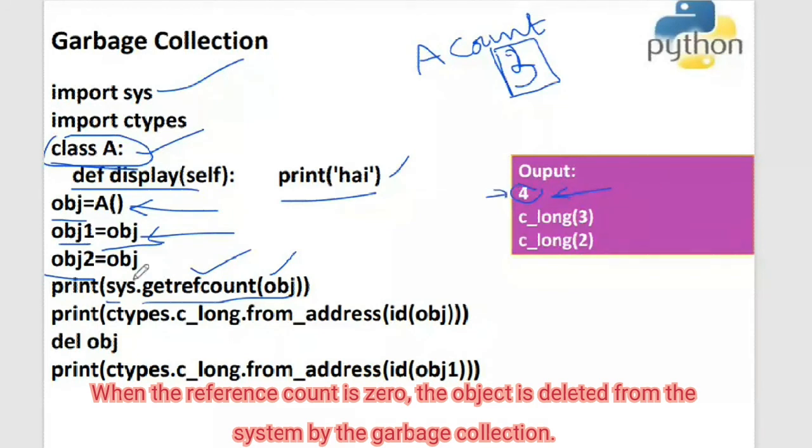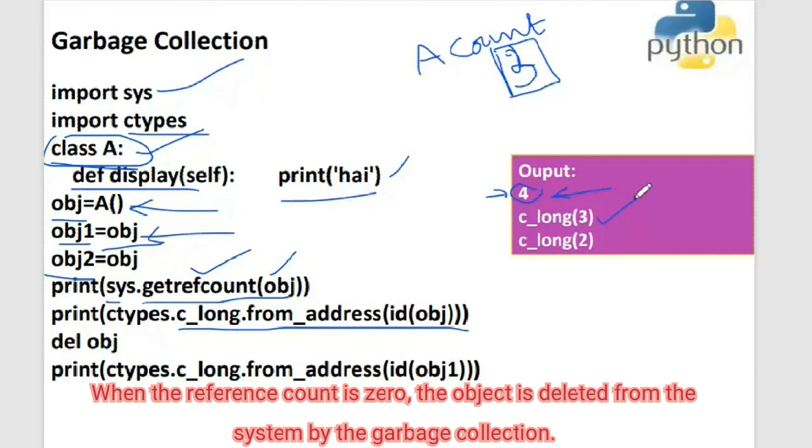There is another way to know the reference count: importing the ctypes module. Inside the ctypes module, I have this method, which is c_long.from_address and the id of obj, which will give me the count of objects. As you can see, I'm getting the count of objects to be 3.